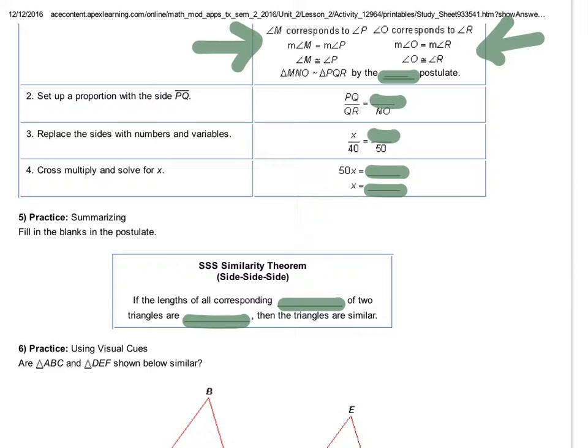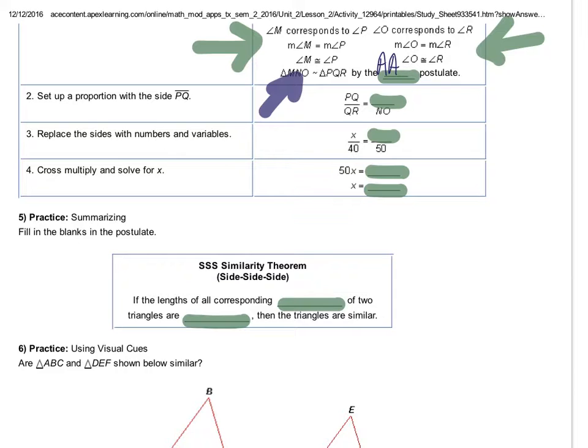We can say that triangle MNO is similar to triangle PQR by the angle postulate. So you would just put an AA there.